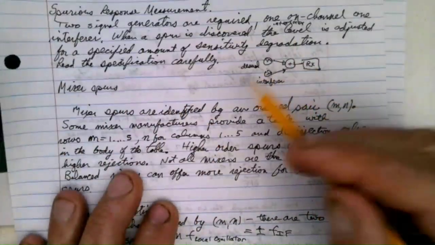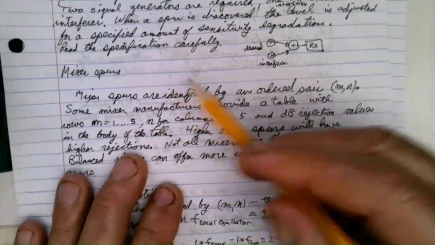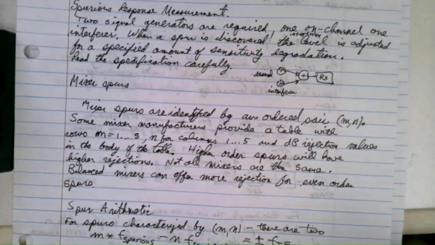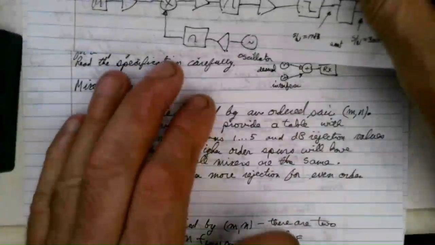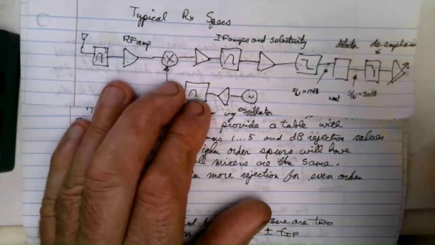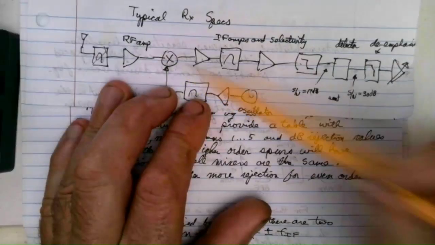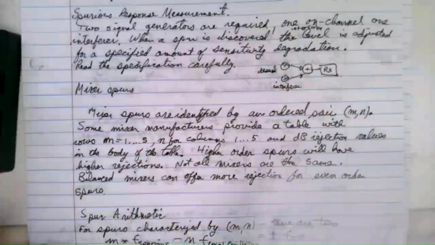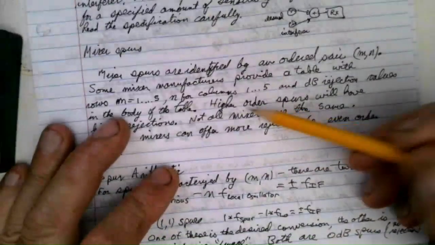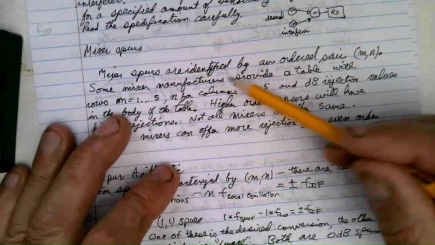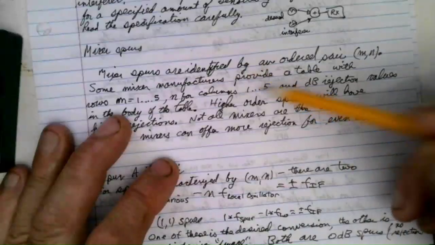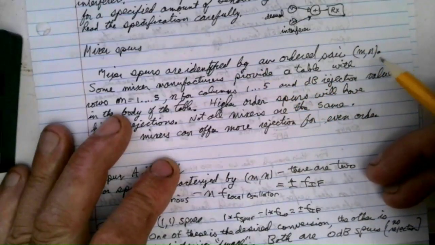All right, so anyway, one of the big blocks that you're going to want to pay attention to when you're looking at receiver spurious is the mixer, this block right here. Mixer spurs are identified very often by an ordered pair, M,N.